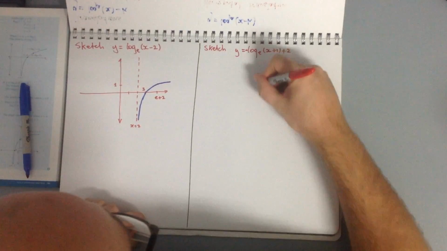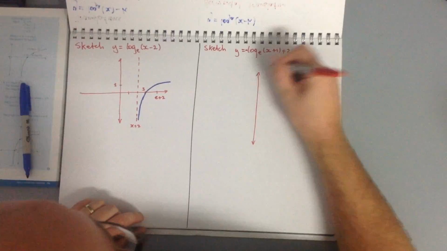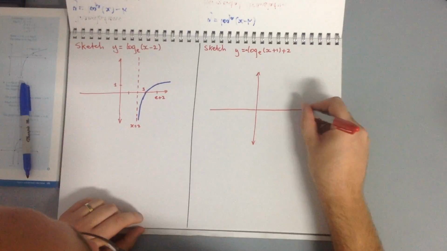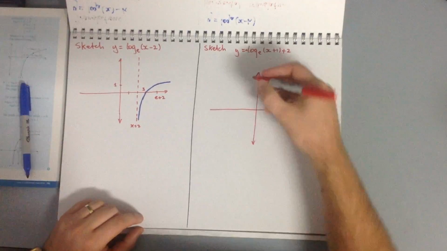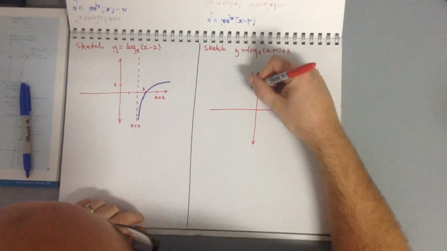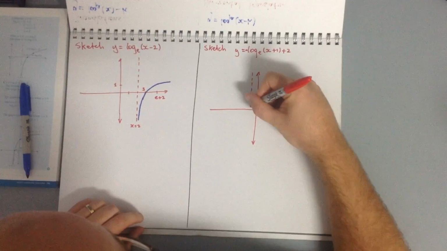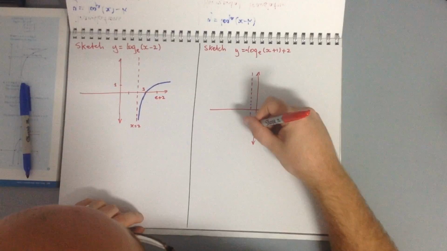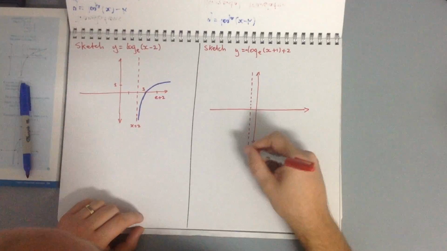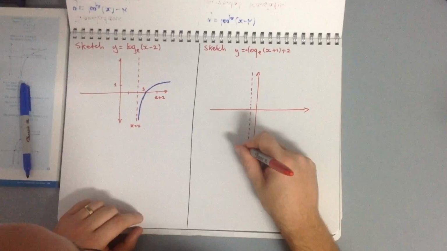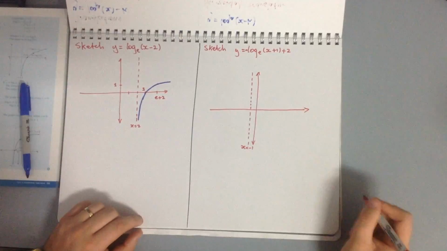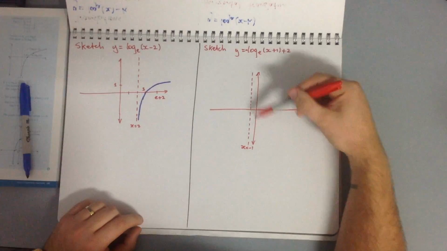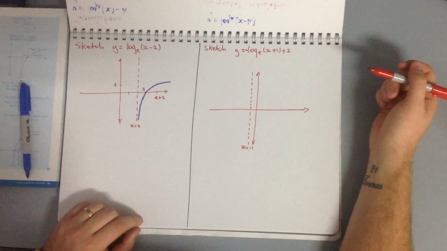So if we draw some axes, we're going to move it this way by 1. So we've got x equals negative 1 for our vertical asymptote.